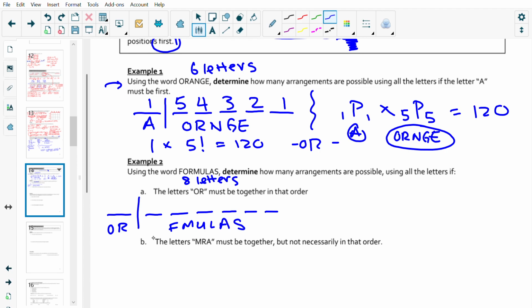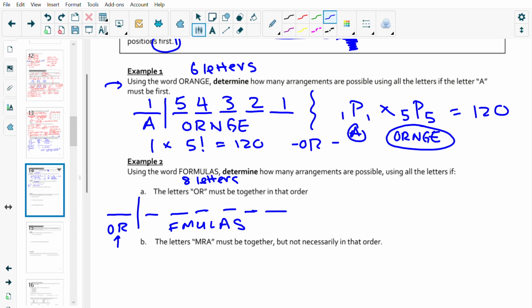Let's think of it this way. I essentially have 7 different entities: 6 letters there, and then a 7th kind of letter or entity.